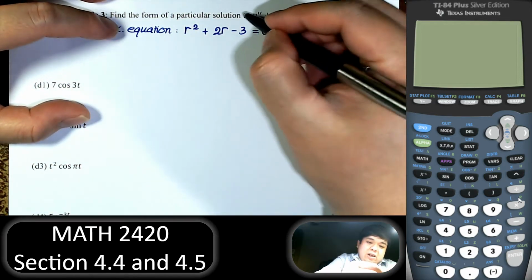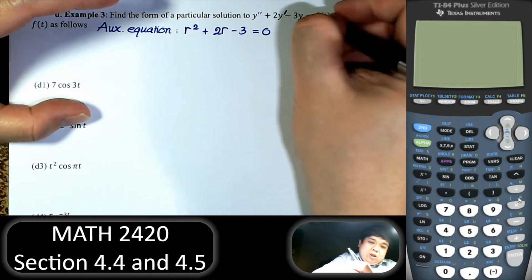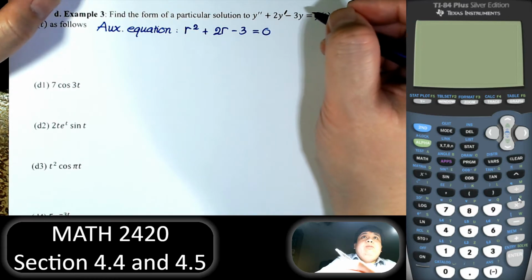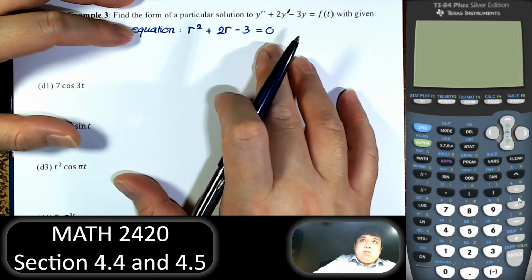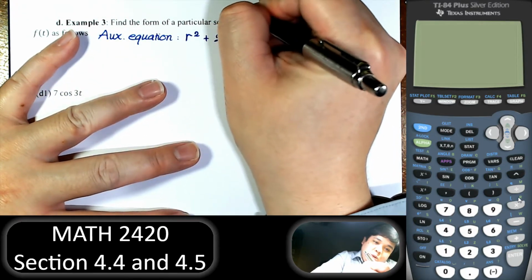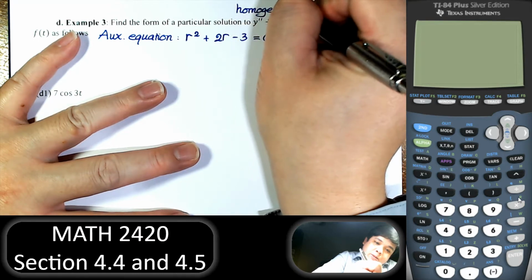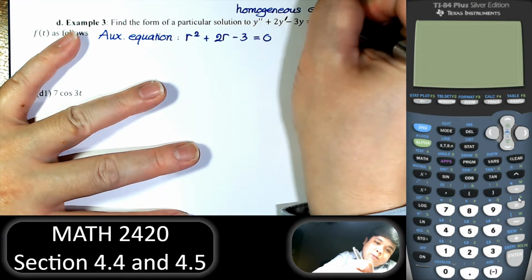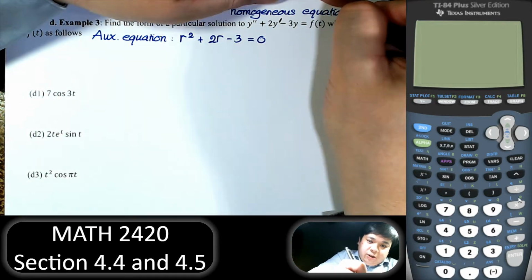So we assume that the function is just equal to 0, right? So assume that the right hand side is equal to 0. It's just that equation, but equal to 0.